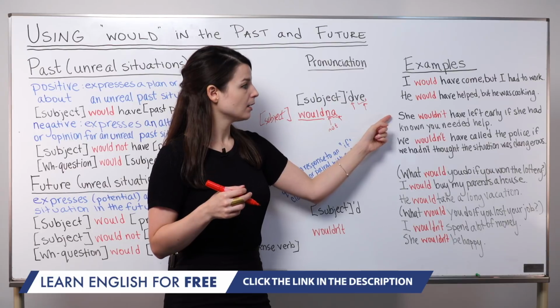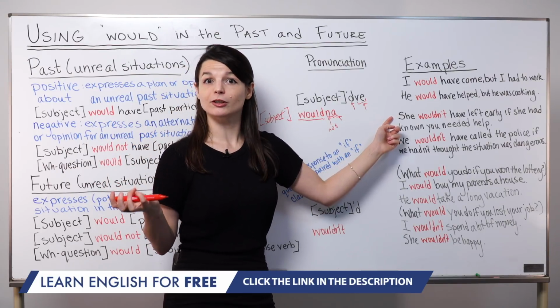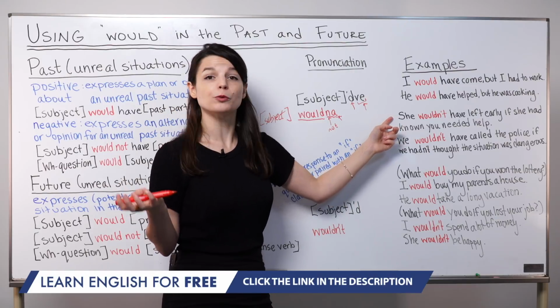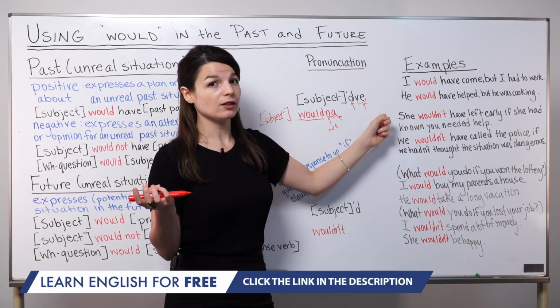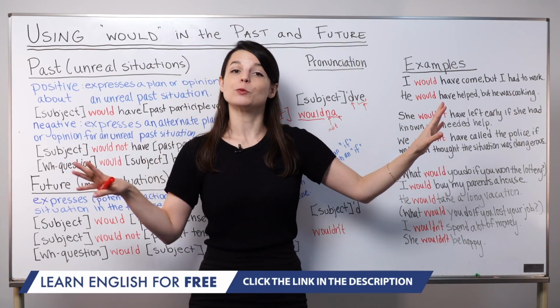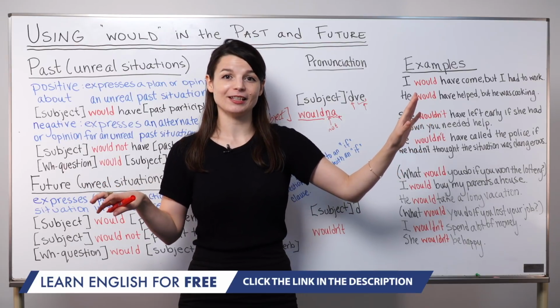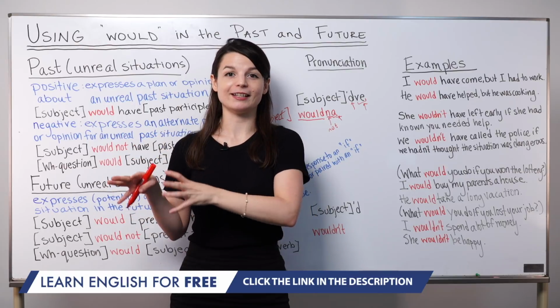So in this case, in this situation, she did leave early. That was the true situation. But the speaker wants to explain that she would have changed this action if she had known this other person needed help.